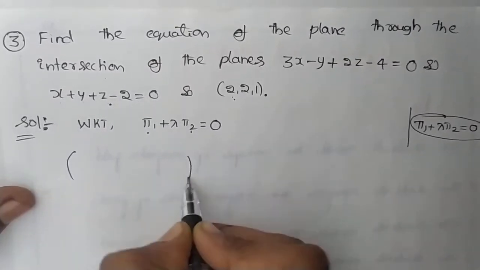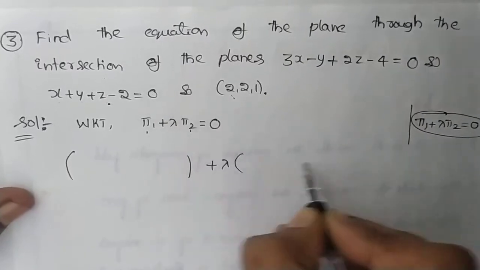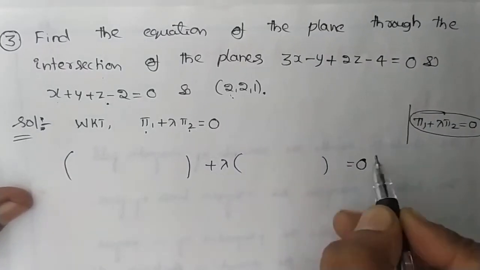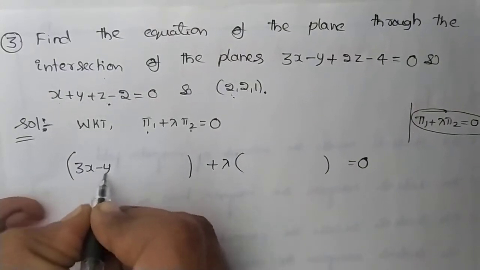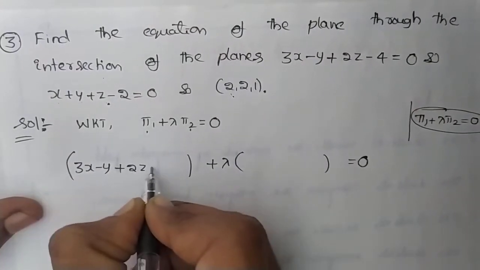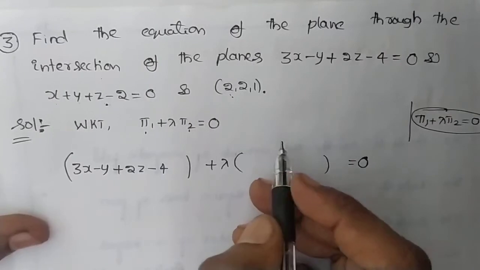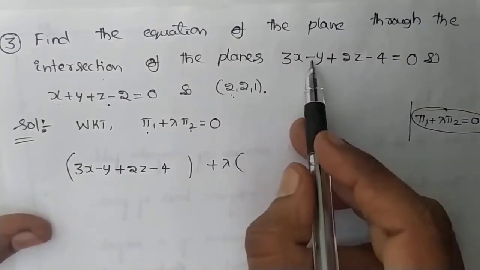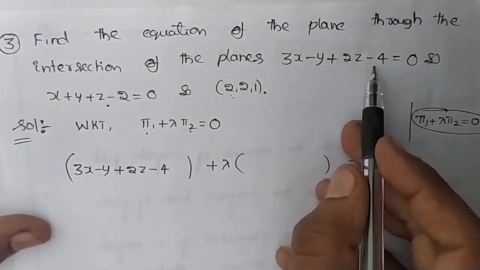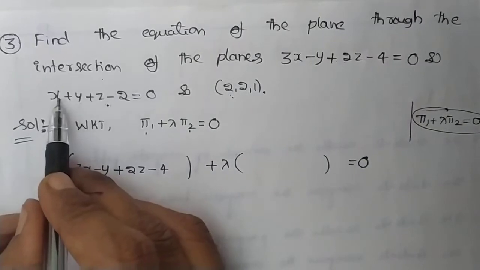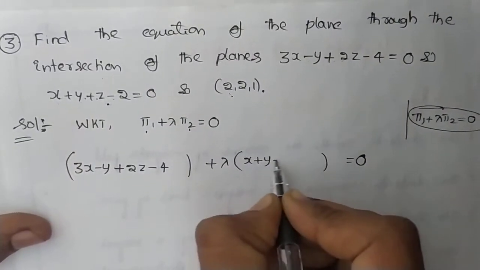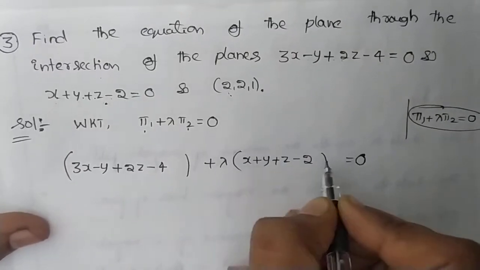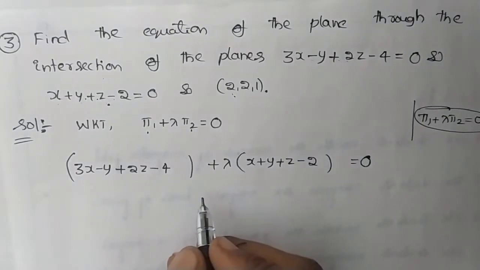First plane plus lambda into second plane equals 0. First plane will be 3x minus y plus 2z minus 4. Next, second plane, x plus y plus z minus 2 equals 0.